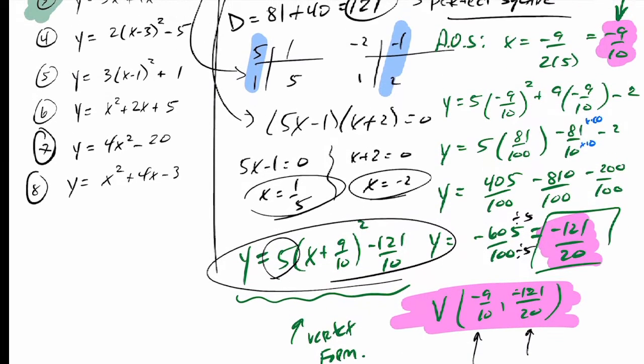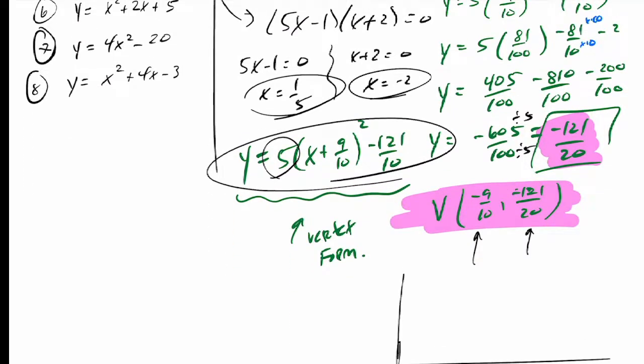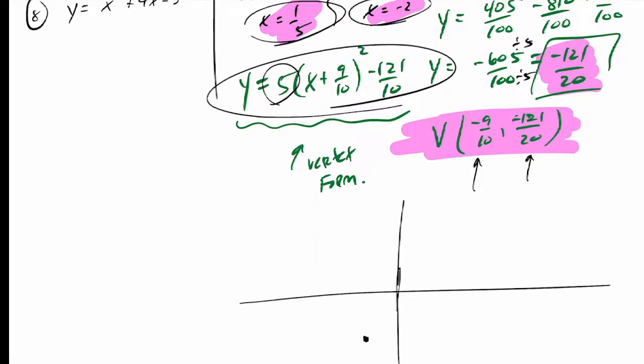In fact, I have the roots. I know the roots are negative 2 and a fifth. So one of the roots is negative, the other root is positive. So I'm going to draw it like this, and again, this is just intended to be a sketch. It's going to go slightly this way and like that. I know this is a fifth. I know this is minus 2.